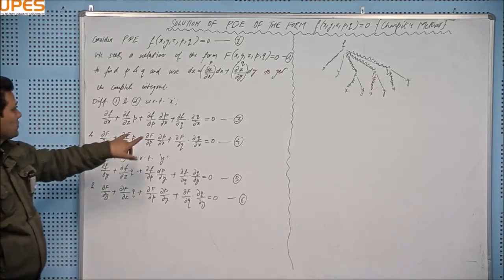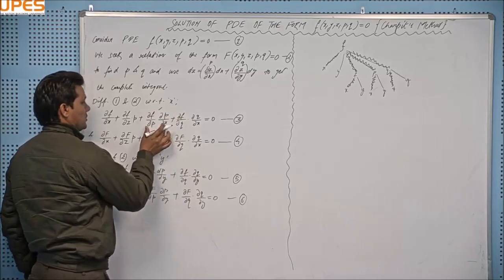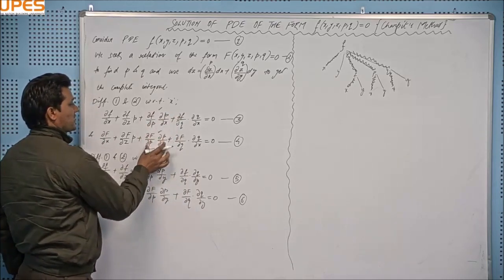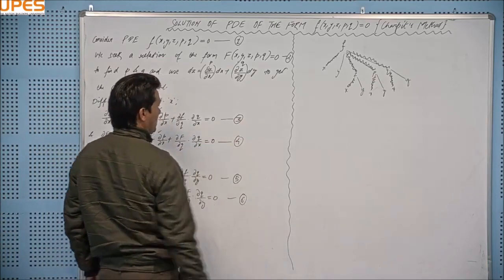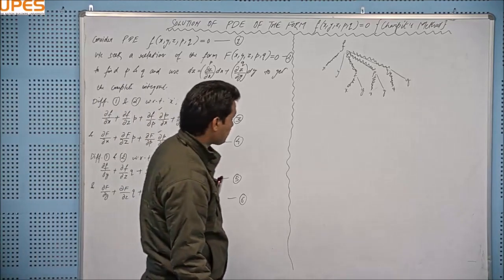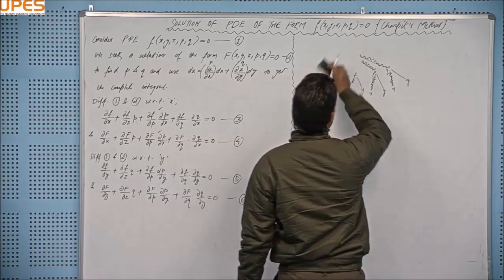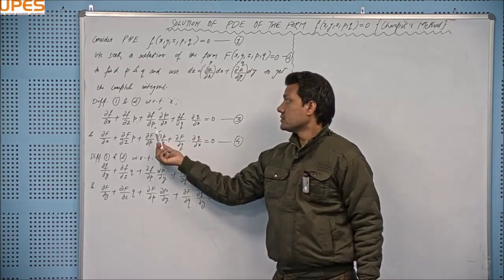I think if you focus on this term, this one and this one, these two terms can be cancelled out if I multiply the third by ∂F/∂p and the fourth by ∂f/∂p, right? Okay, let me rub this, this is not needed now. And see, now focus on this term, third term.